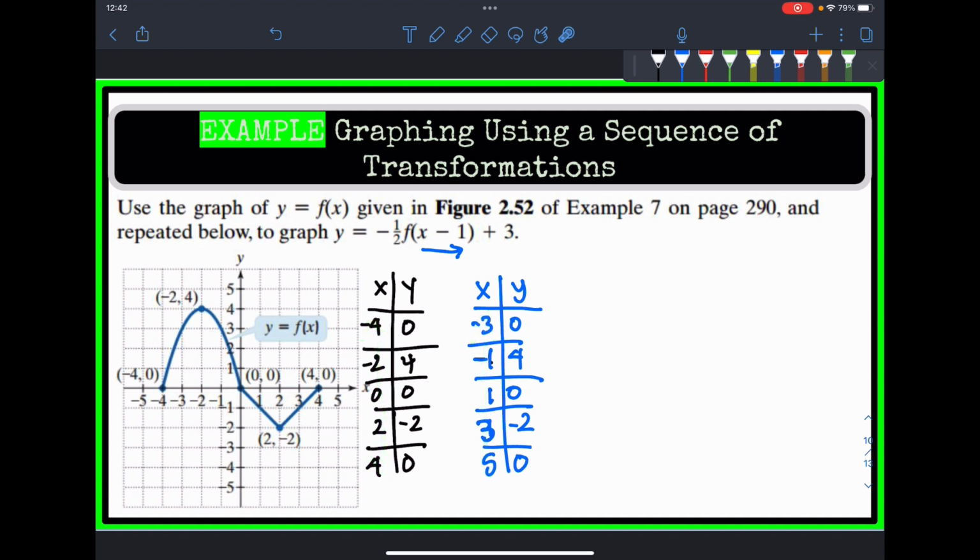Now we look for any shrinks. Well, here we are multiplying by 1/2. And because it's on the outside, that's a vertical dilation, which is going to affect the vertical coordinates, which are the y coordinates.